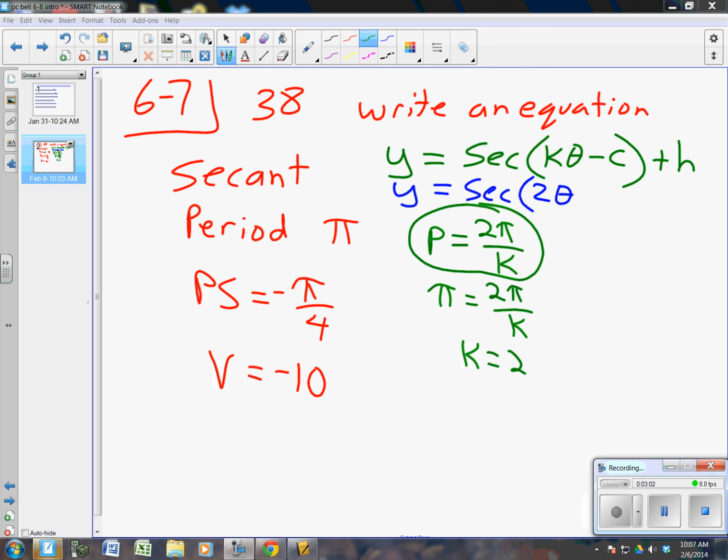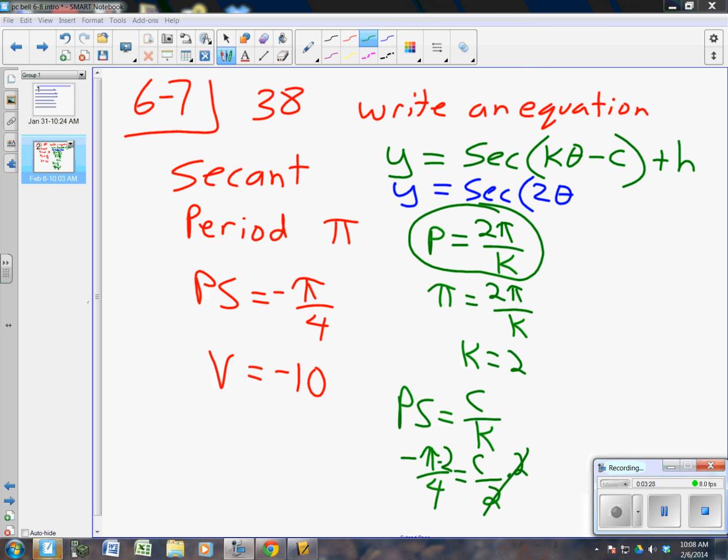Now I need to find the phase shift. Okay, we have the formula. Phase shift equals c over k. So we know what the phase shift is, so we can substitute it: negative pi fourths equals c over 2. Good. Times both sides by 2. If c's on the bottom, I have you cross multiply, but if it's not, we don't do that.